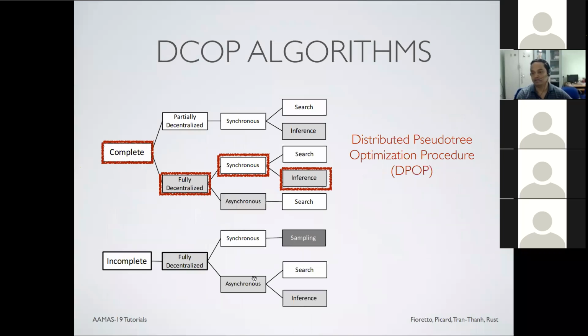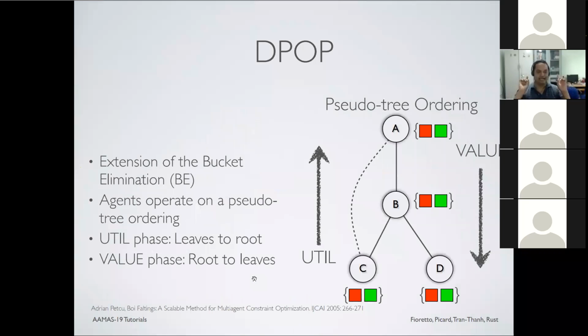Okay. The first idea is that utility moves from leaf to root, going upward, and the values, meaning which node will take which color, move from root to leaf.